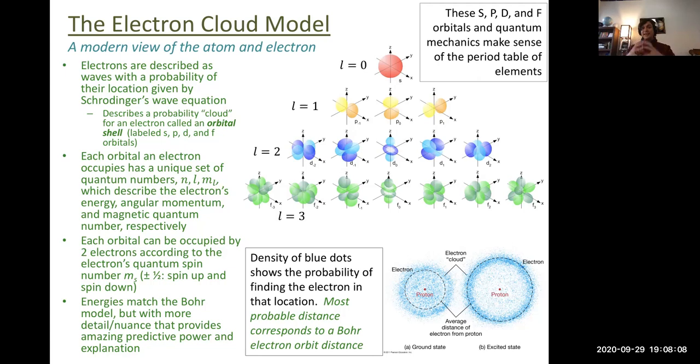And then within each one of these orbitals, each one of these electron clouds, we can stuff 2 electrons. According to another quantum number, the electron's spin number, its quantum spin number, m sub s, which is going to be either plus 1/2 or minus 1/2. And if you remember your Pauli exclusion principle, if you're looking at a p orbital, you had 3 little places, and then you could put an up arrow and you'd fill all the ups, and then once you filled up all the ups of the p orbital, then you could put the down electrons in as well.